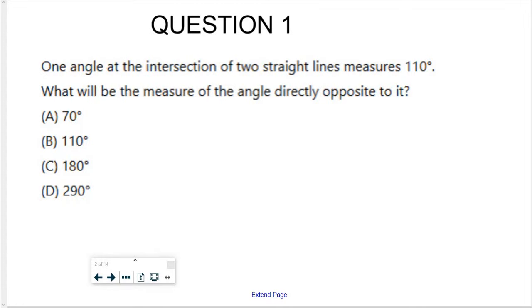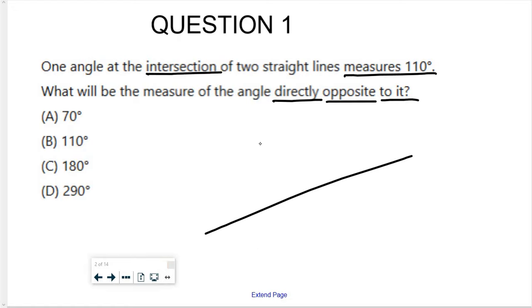We have the first question, which says one angle at the intersection of 2 straight lines measures 110. What will be the measure of the angle directly opposite to it? So you have one line going that way and another line going this way.